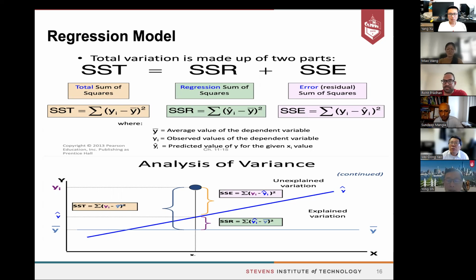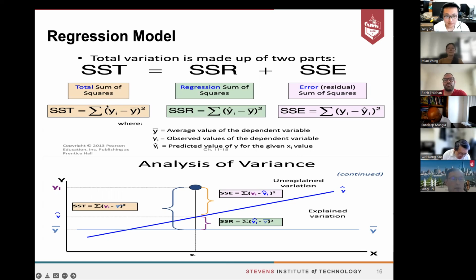Rohit, can you maybe explain these parameters a little bit in detail, and how to compute each of these squares? Yes.